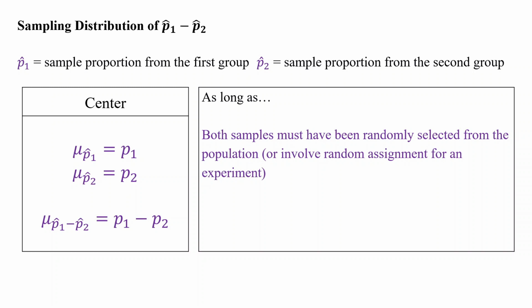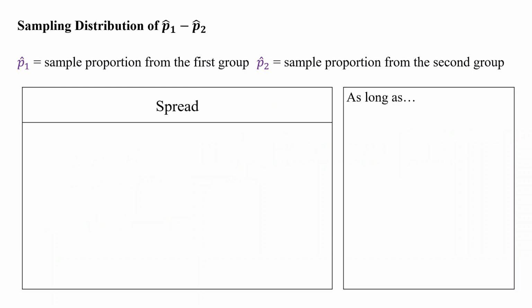And now we get to the spread. This is fun, so stick with me here. We have our two standard deviations for our sampling distributions. Note that I just put in the subscripts of 1 and 2 to denote the two groups, but this is the same formula we have been working with.